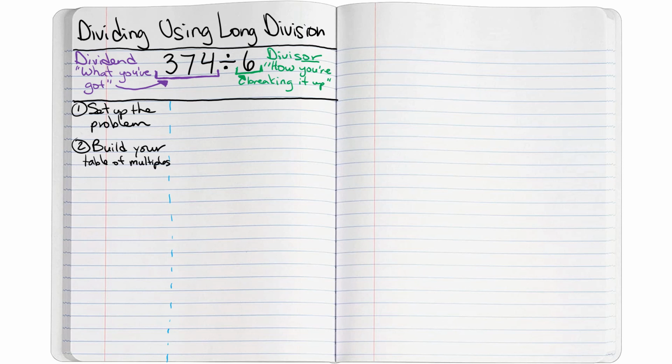Step 3 is going to be divide each place. Step 4, multiply to see what you used.